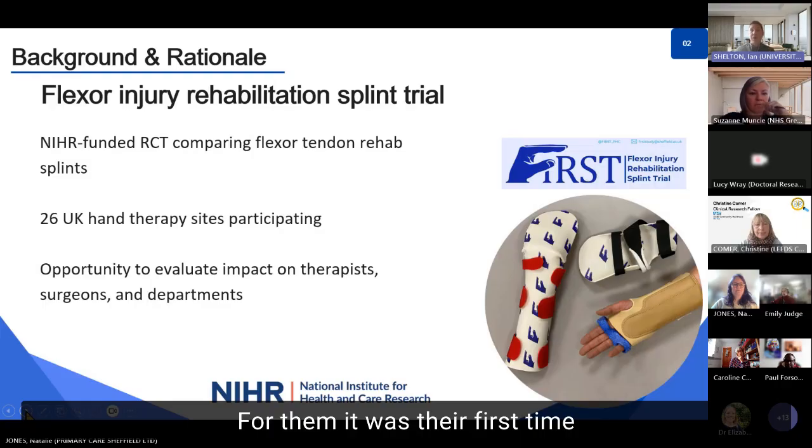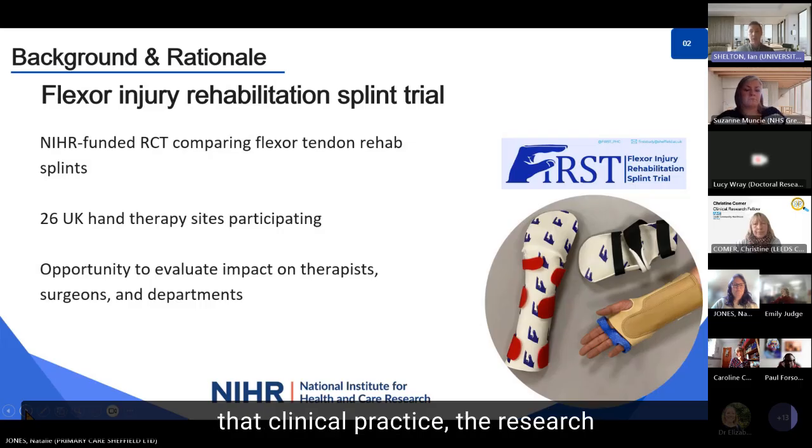For many of them, it was their first time being principal investigators, associate principal investigators, actually therapists getting involved with research, especially in a large multi-centred RCT. So we thought FIRST provided a valuable chance to measure the impact of research participation on clinical practice, the research capacity, especially in these hand therapy teams and the wider areas that research reaches.